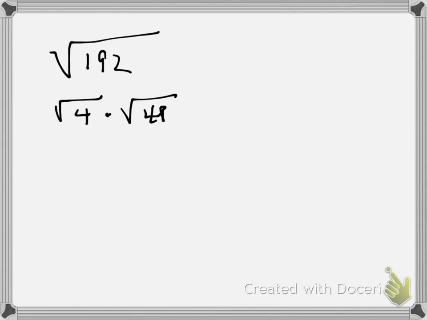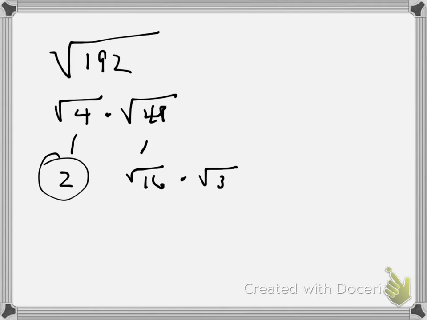So when I look at this, radical 4 I know is going to be 2. For this radical 48, I look, do I have any perfect square factors in there? In this case, I know this can be broken into radical 16 times radical 3, because 16 times 3 is 48.